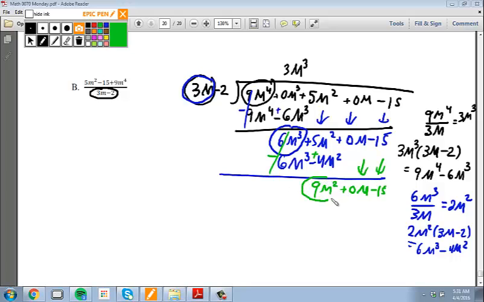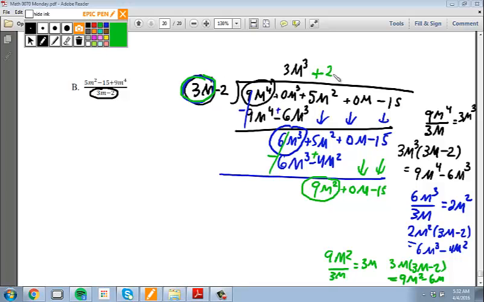Then I start again. 9m squared divided by 3m. Oh no, where can I write this? 9m squared divided by 3m is 3m. And then I have to do 3m times the 3m minus 2, which is 9m squared minus 6m. I haven't been writing these down here, have I?